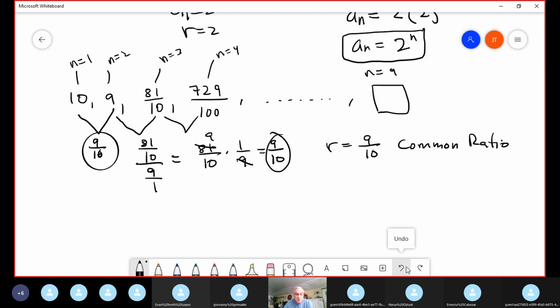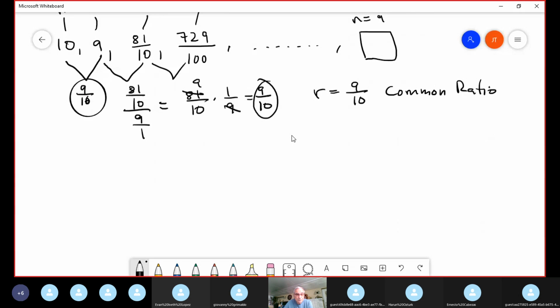Now you want to find A sub 9. It's super easy. Let me copy the formula. The explicit formula is A sub n equals A1 times R to the n minus 1.